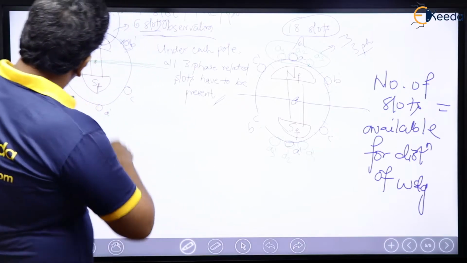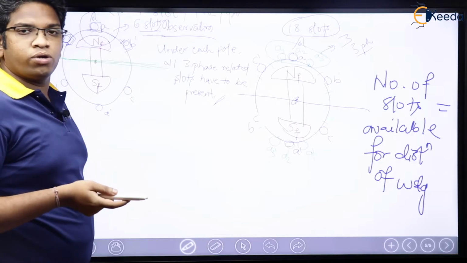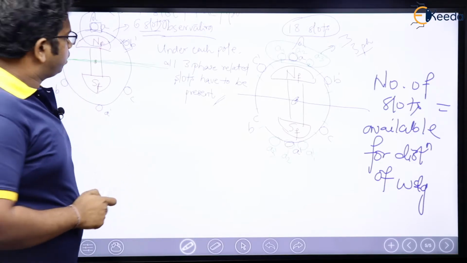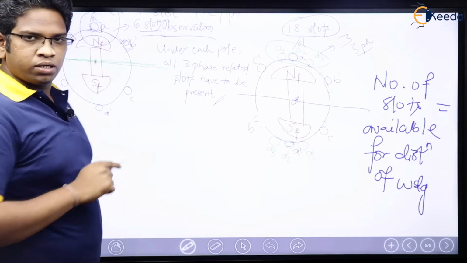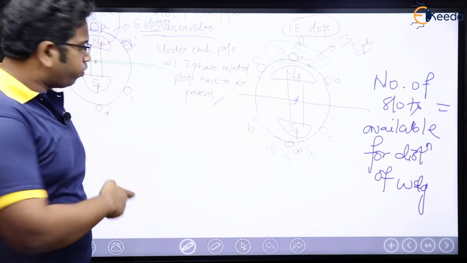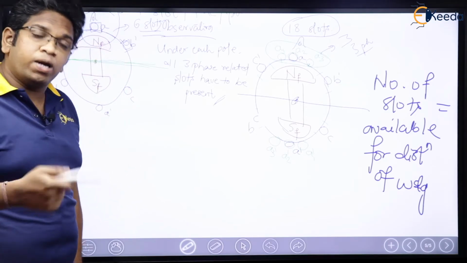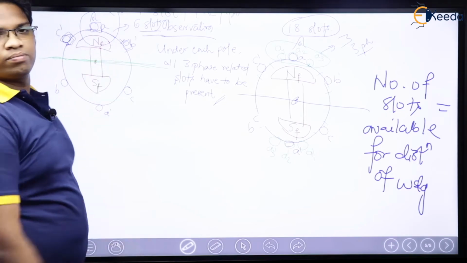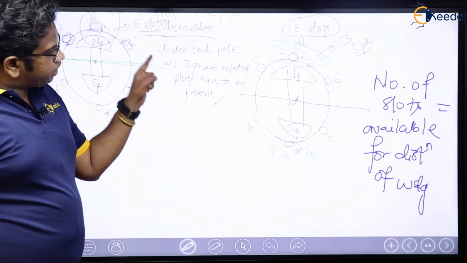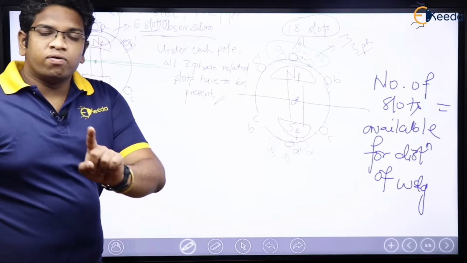Because we had 2 poles, how many slots were there for each pole? 3 slots. Total slots were 6, number of poles are 2, so how many slots were there per pole? 3. Right. Now we have understood that initially, under each pole, how many slots are there under one pole?